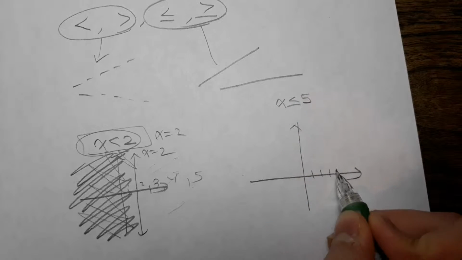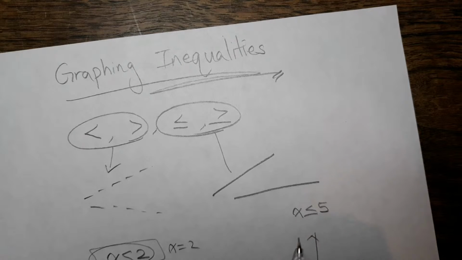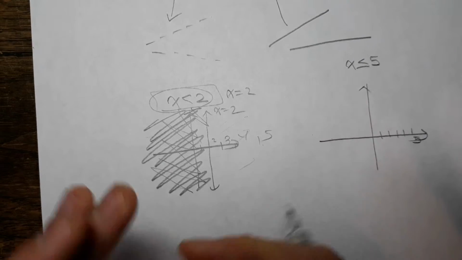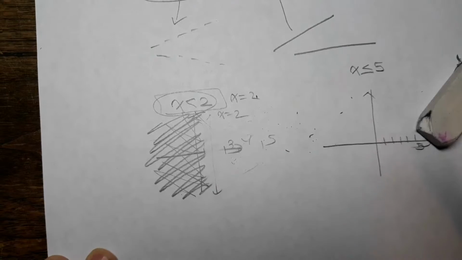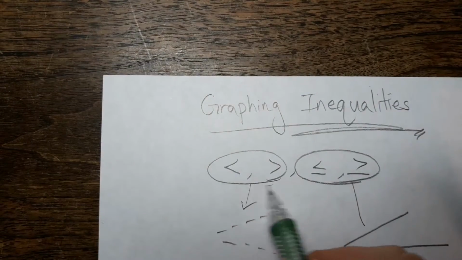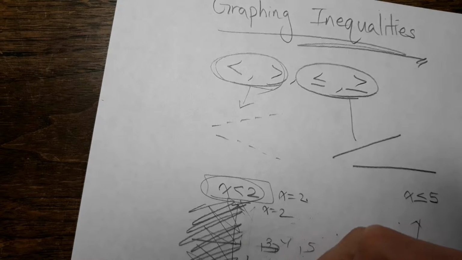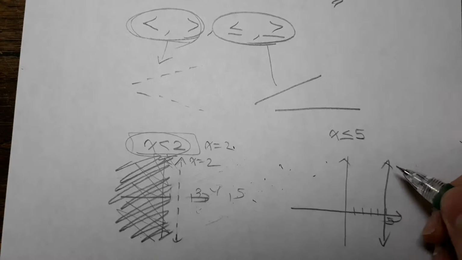Another example would be x is smaller or equal to 5. So 1, 2, 3, 4, 5. And as I told you before, oh sorry guys, this should be in a dot form. As I told you before, these symbols should be in a dot form, like this, and this should be in a straight solid line.